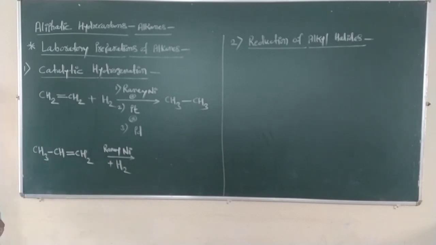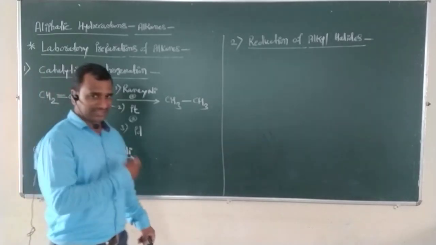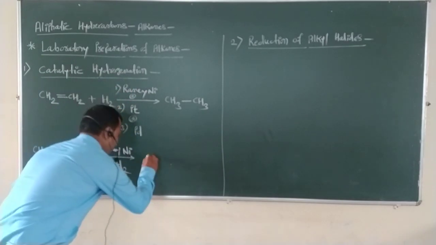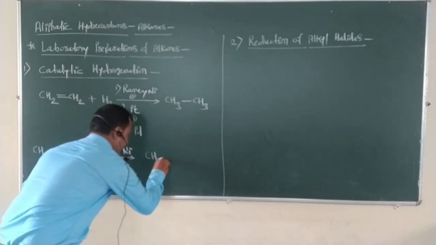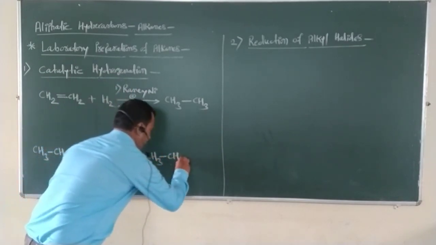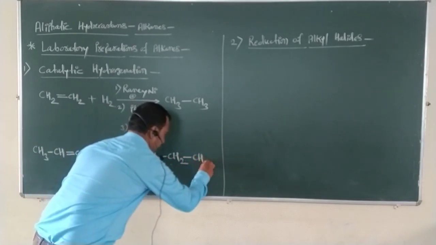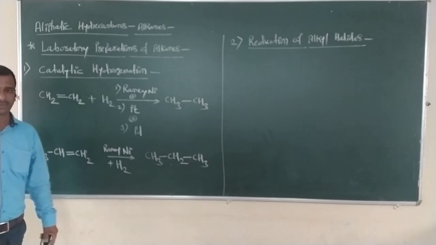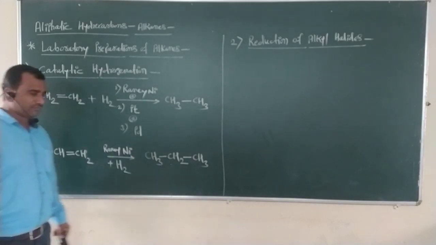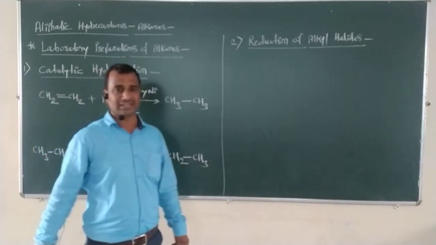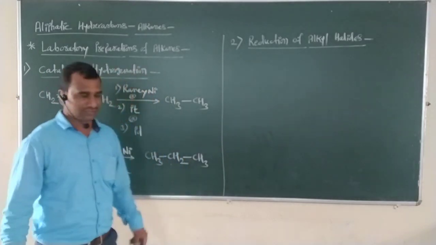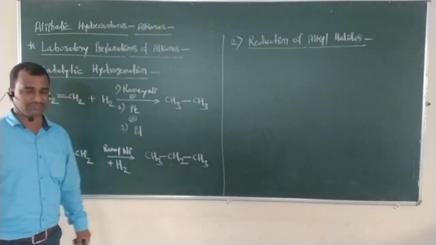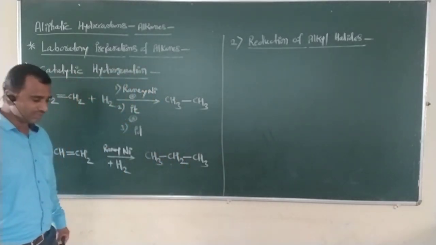So by the addition of molecular hydrogen in the presence of Raney-nickel, you will get the formation of CH3-CH2-CH3. So this is the formation of alkane from the alkene by the method known as catalytic hydrogenation. This is the first simple method for the formation of alkanes.